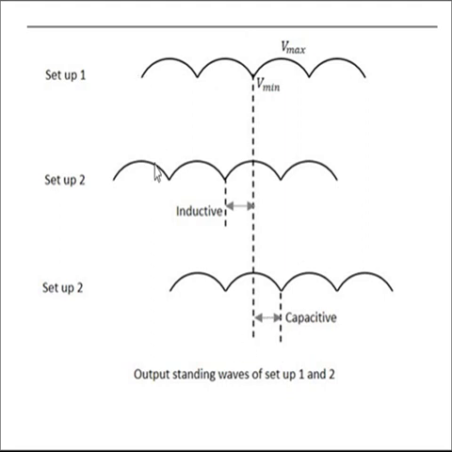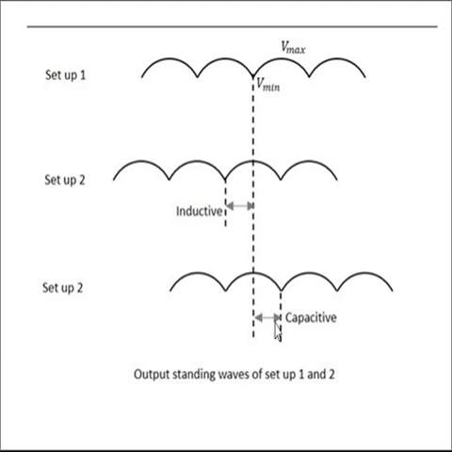From setup 1 and setup 2 we measure the standing wave patterns and compare them, and by comparing these two patterns we can know whether the impedance is inductive or capacitive. If the V min from setup 2 is on the left side, then the impedance is inductive.